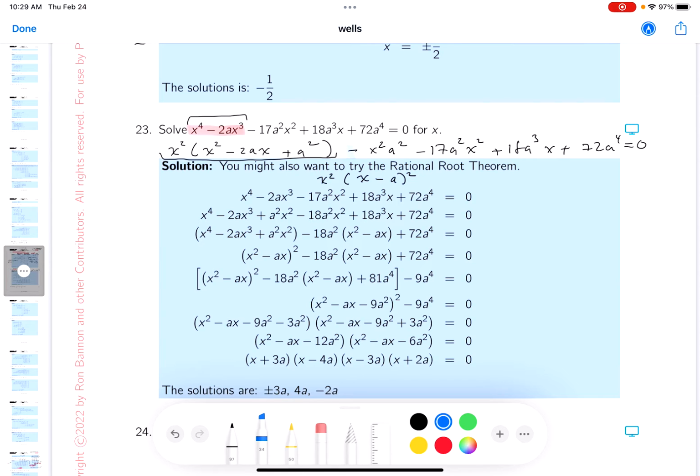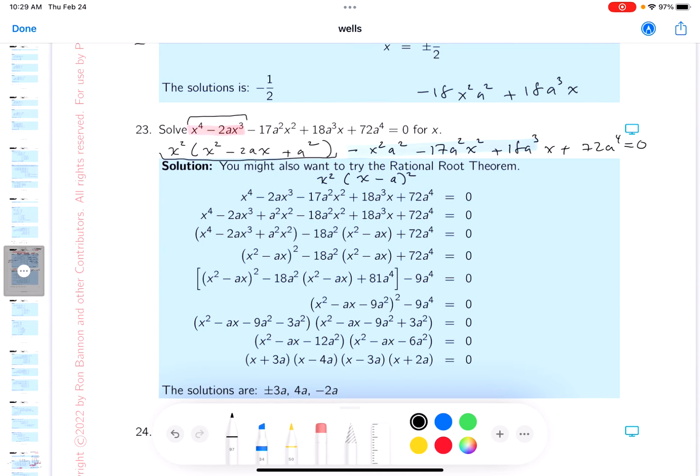I'm going to be looking at these three terms over here. I want to do that on the side somewhere. And that would give me minus 18 x squared a squared plus 18 a cubed x.